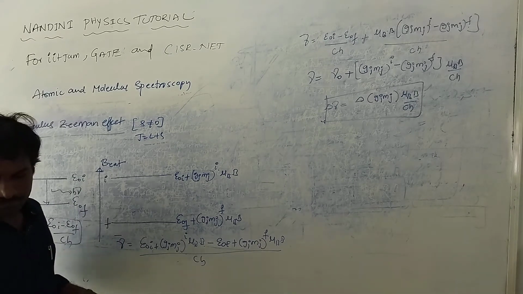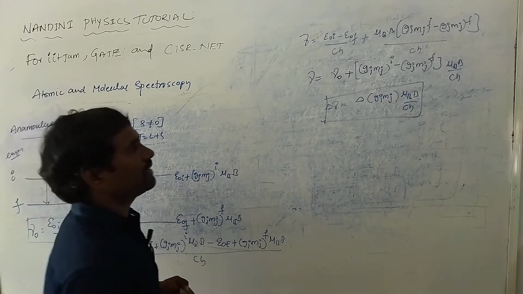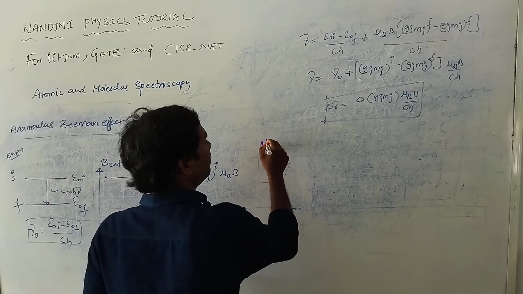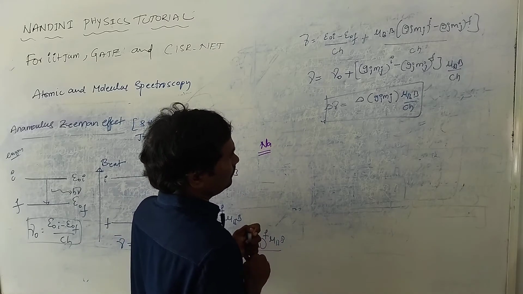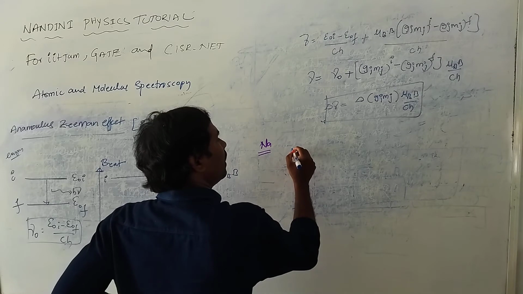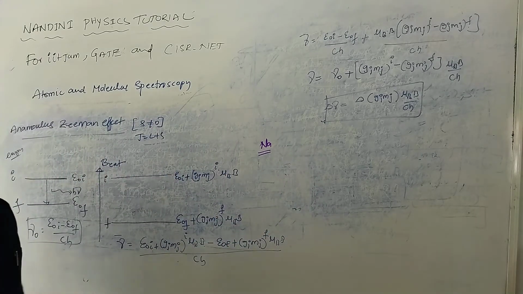Now I want to give a small example of the sodium atom, Na. In the sodium atom, the transition is possible in the D1 and D2 lines.